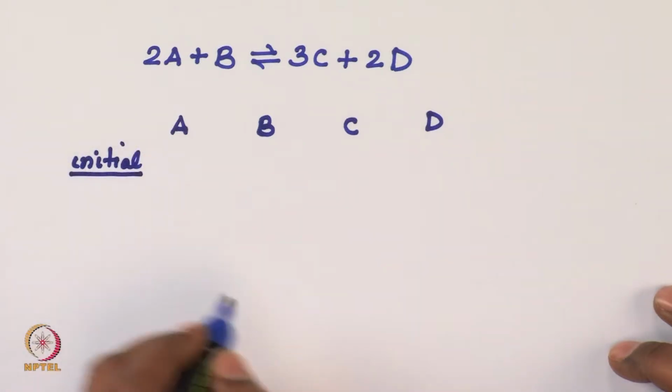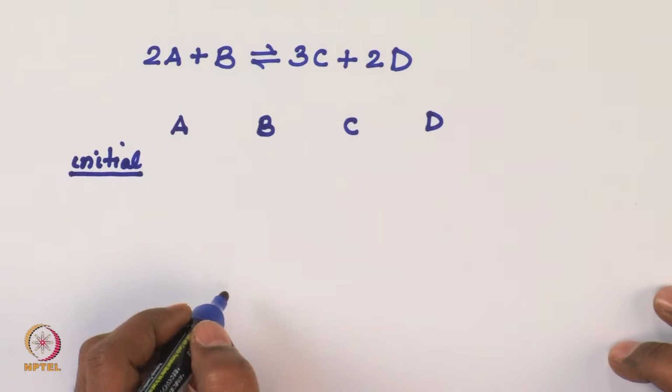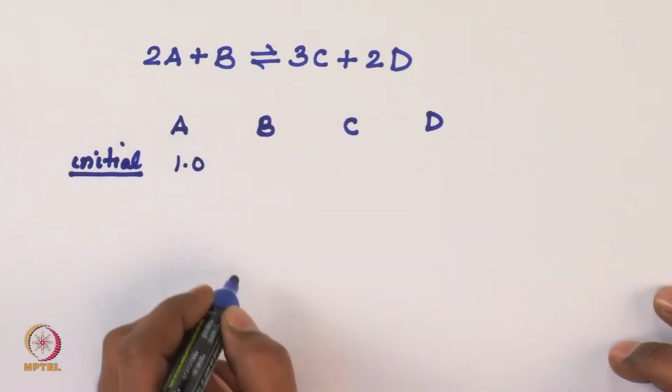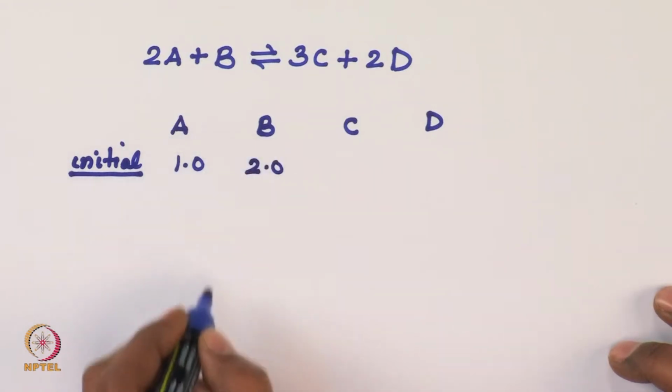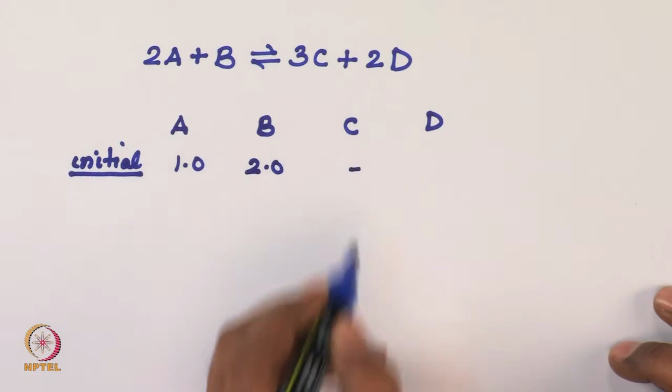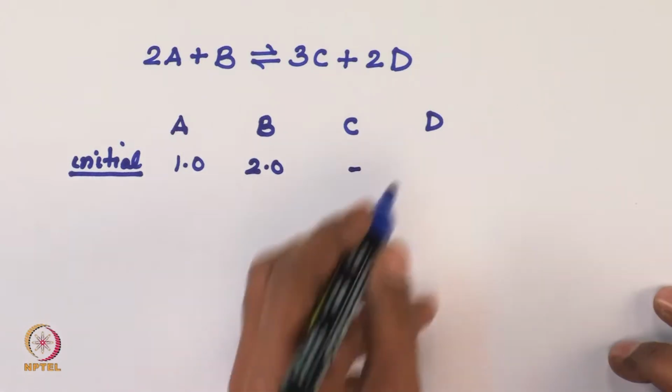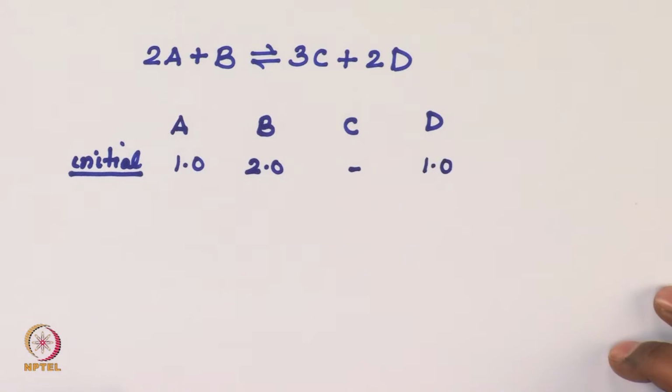What are the initial amounts of A? 1.0, B is 2.0, initially C was nothing and D was 1.0. And then it is given that at equilibrium, 0.9 mole of C was formed.